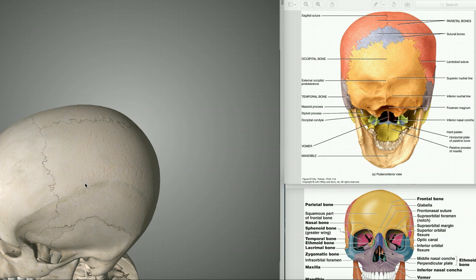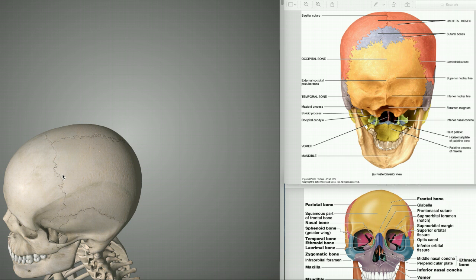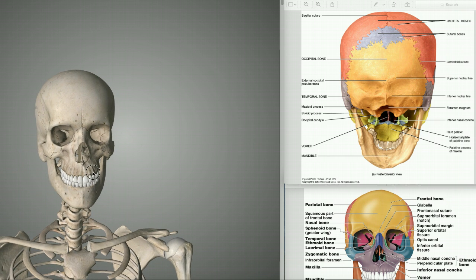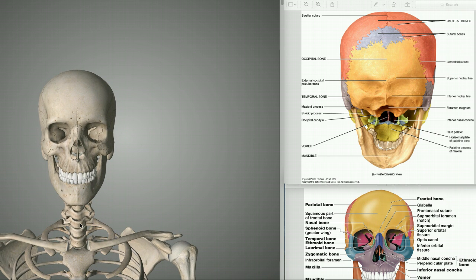That's basically it for today's video. Tomorrow I'll be going into detail with the vertebrae, the anatomy of the different types of vertebrae and all the different parts. Once I finish with the whole skeletal system, I'll move on to the anatomy of the muscles of the skull, then the upper limb, and so on.